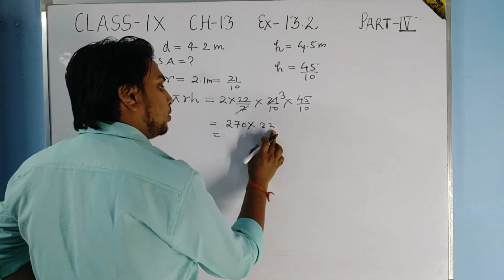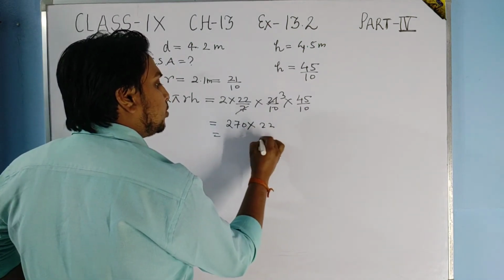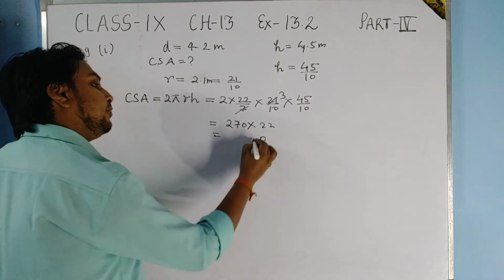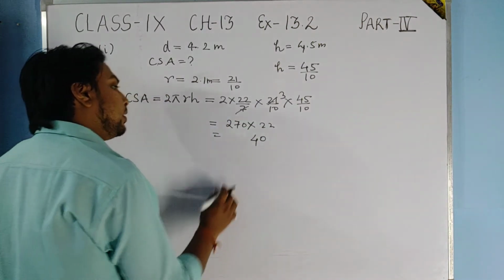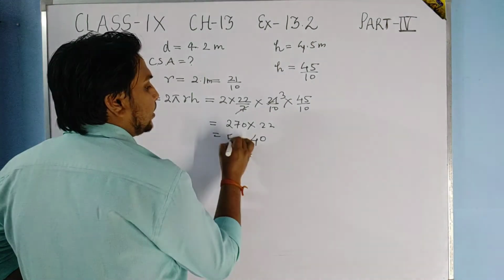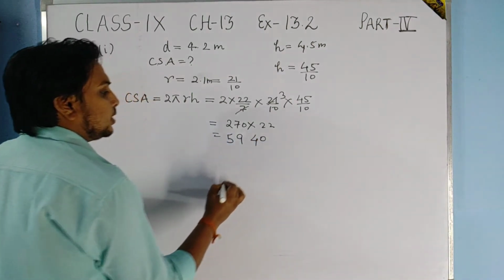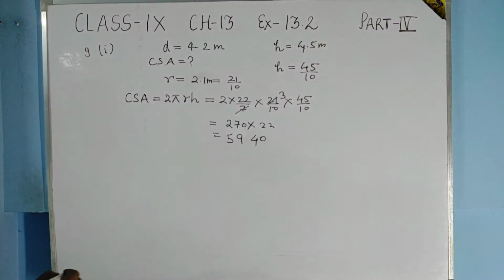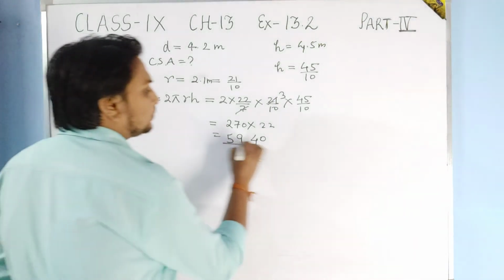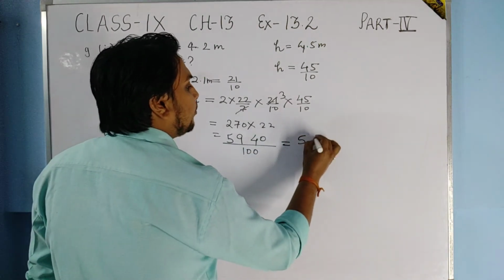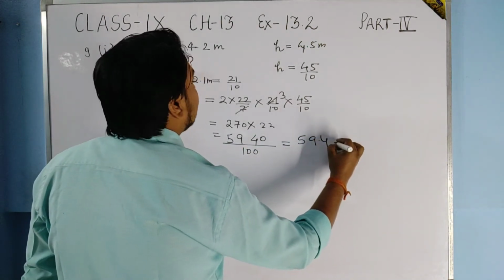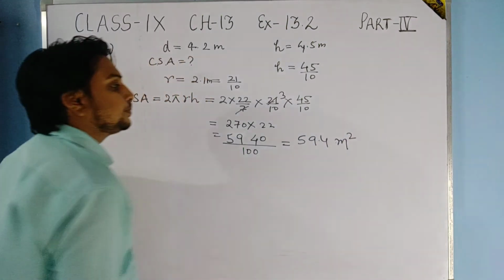270 into 22, 22 sevens are 154, carry 15, 22 twos are 44, 44 and 15, I think it is 5940. And 5940 upon 100, since 10 into 10 is 100, so it will be 59.4 meter square.